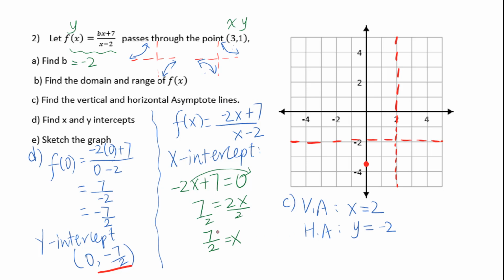For the x-intercept, that's 7 over 2, 3.5. It's here. Then you can sketch the graph now. So the graph looks like this, very close to the horizontal and vertical asymptote lines, but never touching.